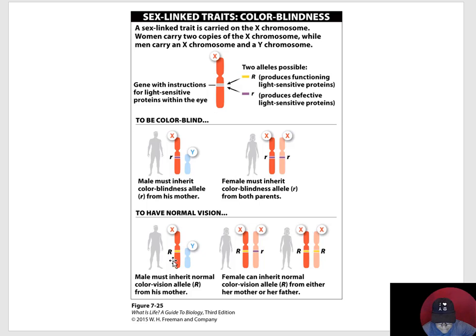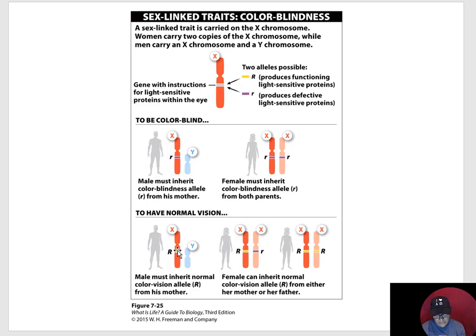That's how we can see how mostly males are affected with this condition, right? This is why mostly males tend to be colorblind, right? Because if you're female, you have two X's, and if you get a light-producing copy, which is the dominant one, it's going to override the other one, and you're going to be able to actually see color.